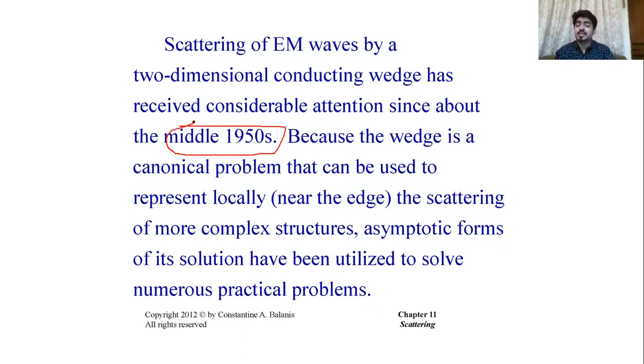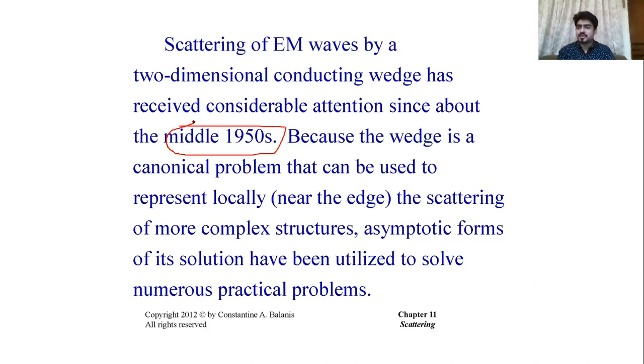If you remember the Keller cone, at that time I showed you that figure, that when we consider this conducting wedge and oblique incidence on the edge, the scattered field creates some kind of cone, and we call that a Keller cone. That Keller cone is named after J.B. Keller, right?